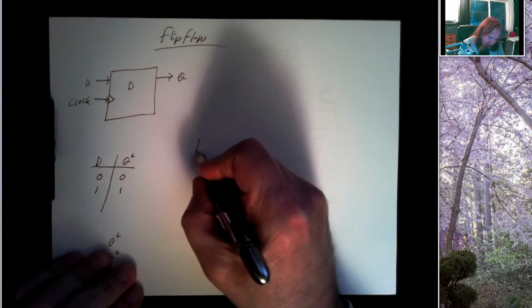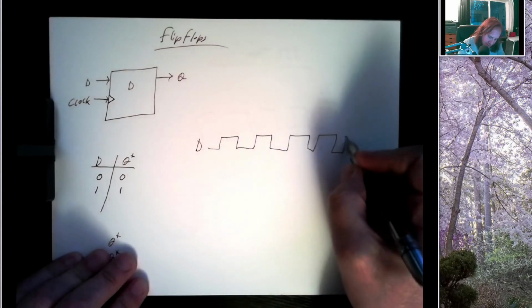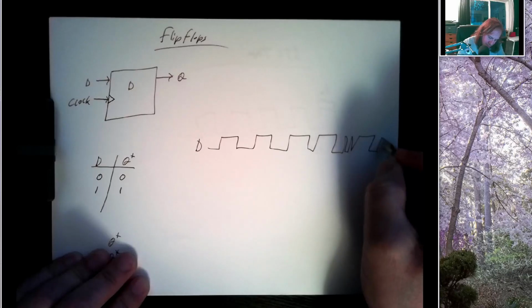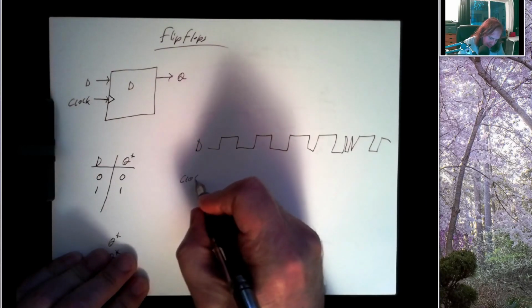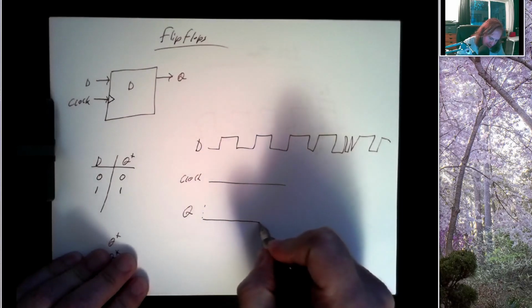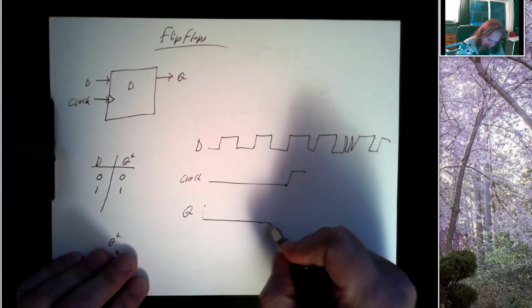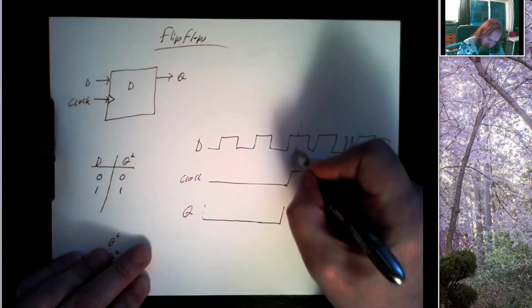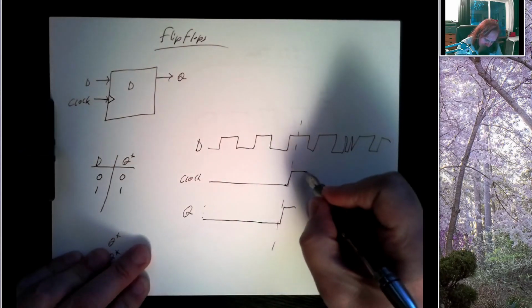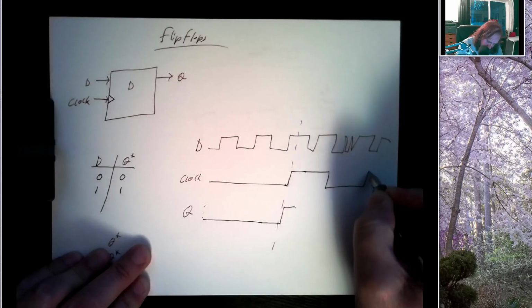And with a timing diagram, again, remember, D can be doing all kinds of things. And when the clock is low, the output is stable. Let's just suppose it's low. At the moment that the clock changes from low to high, the output will match whatever D is, and it will stay there until the clock goes low and again goes high.